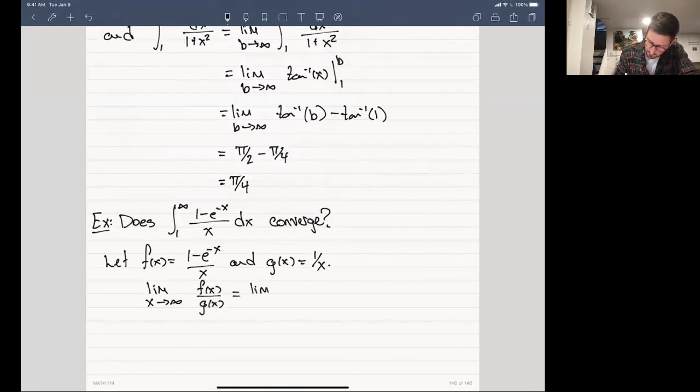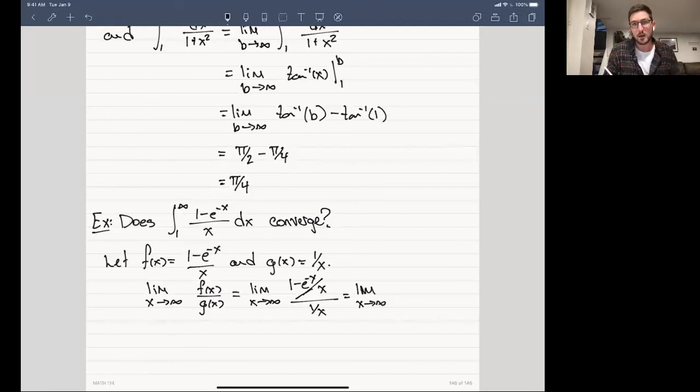Now I get the limit as x goes to infinity of (1 minus e to the minus x over x), over the whole thing, divided by 1 over x. In here, you're going to have your 1 over x's canceling, because you can write this as (1 minus e to the minus x) over x, and then invert and multiply.